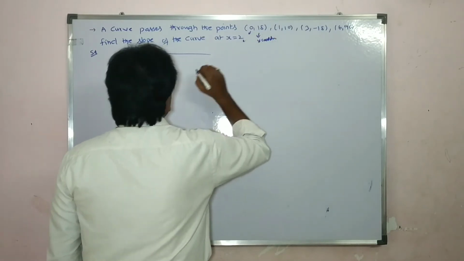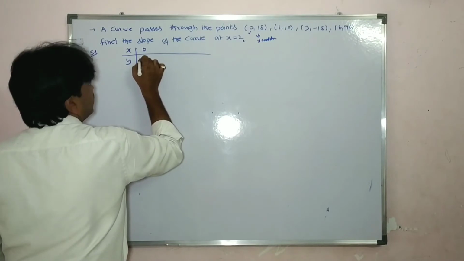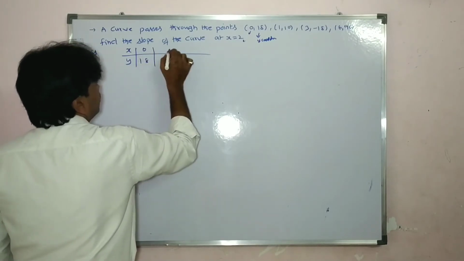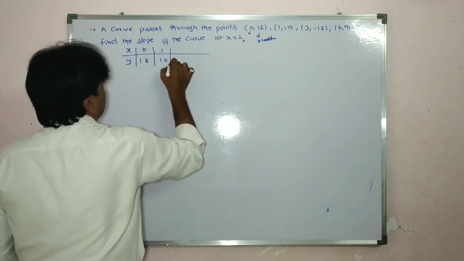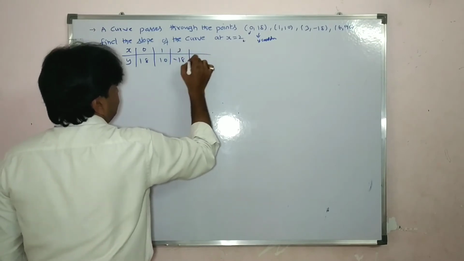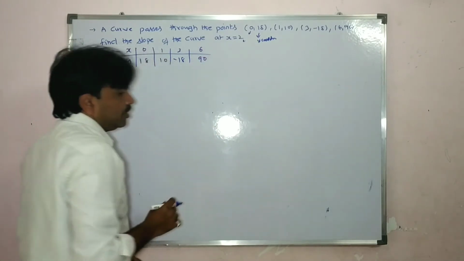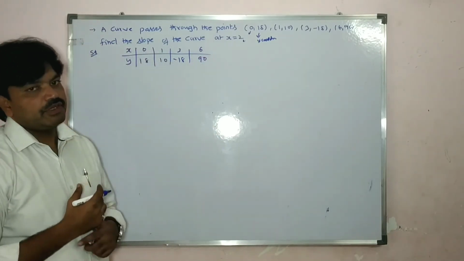First point is 0, y value is 18. Then 1, 10, 3, minus 18, 6, 90. Now we know x values and y values.